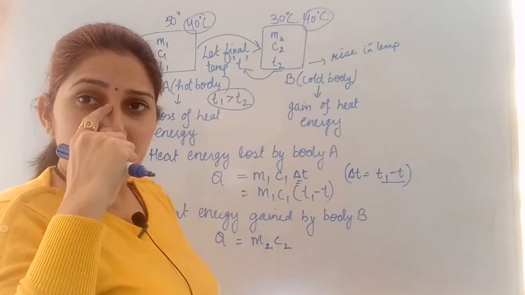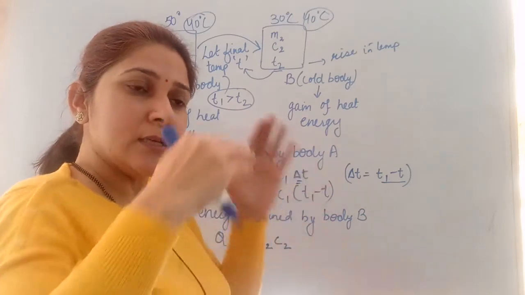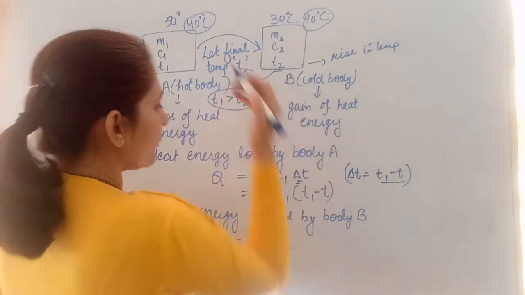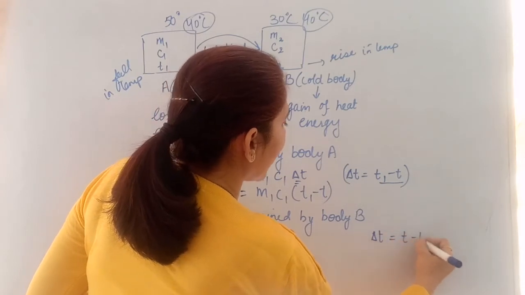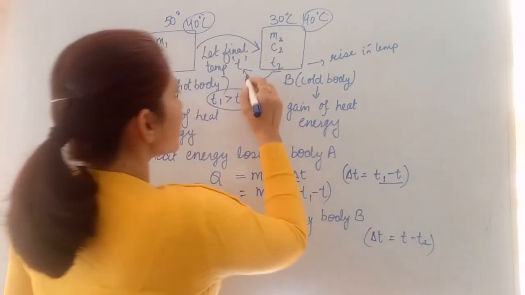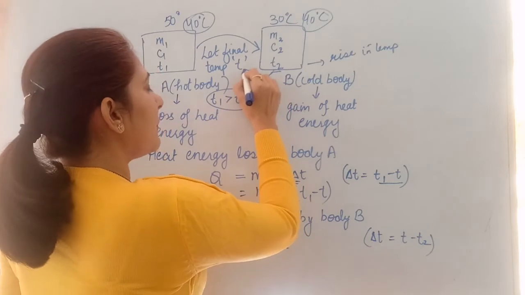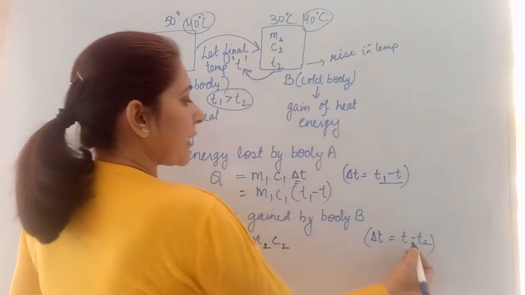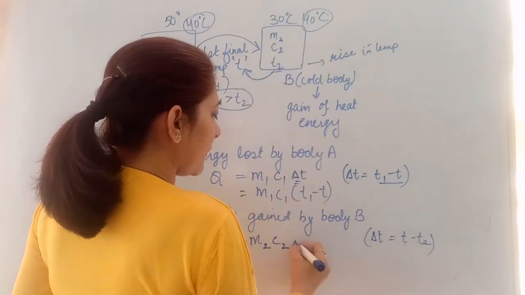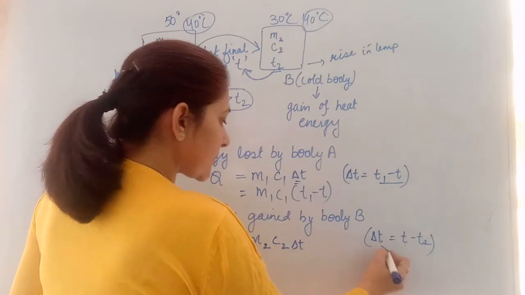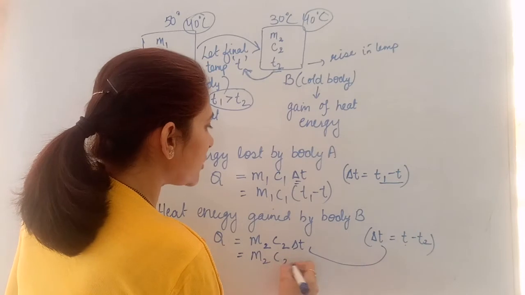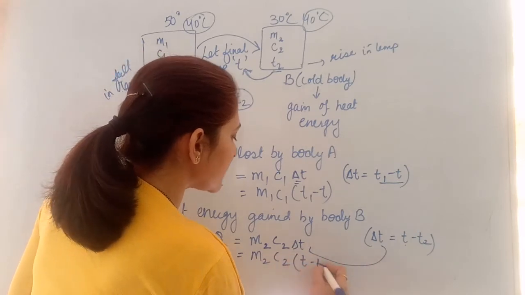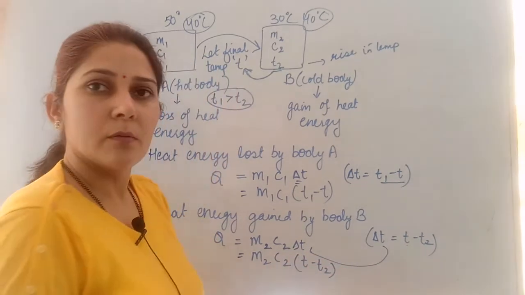Always subtract the smaller from the larger, so delta T is T minus T2. Substituting, that becomes m2 c2 (T minus T2). That will be your second equation.